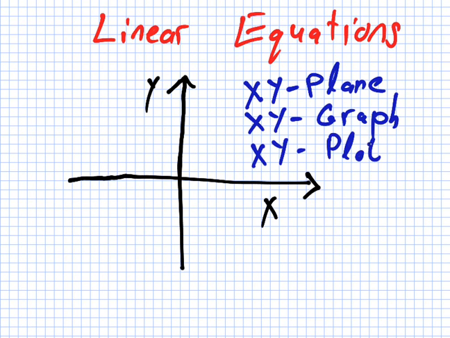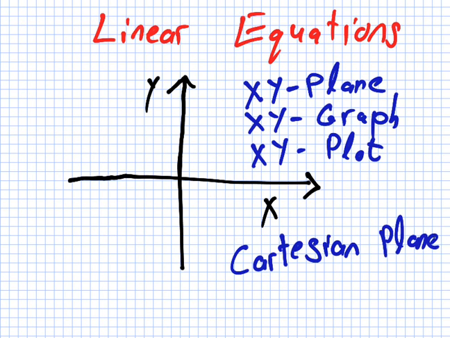These are all the different words for it. If you want to get fancy and use more fancy vocabulary, you can see I have it there: Cartesian plane, or graph or plot. But that's just being fancy, okay? We'll just call it an XY graph.